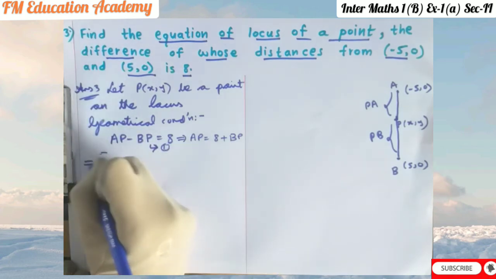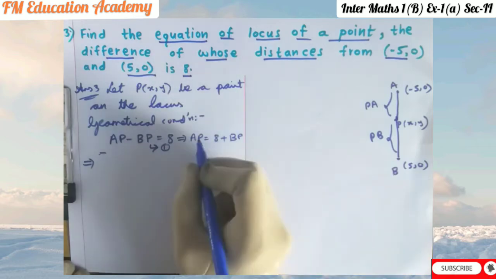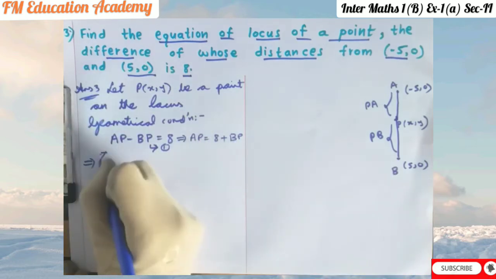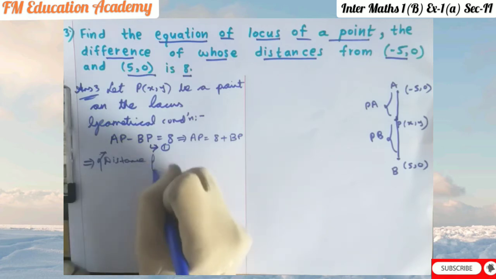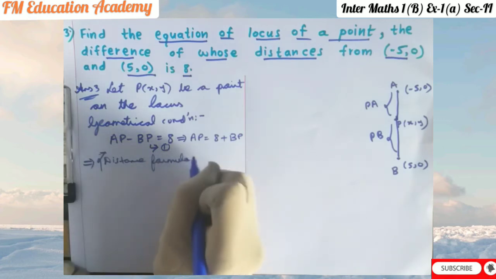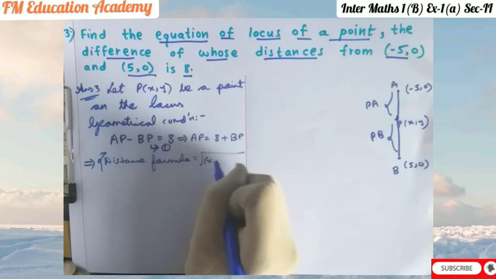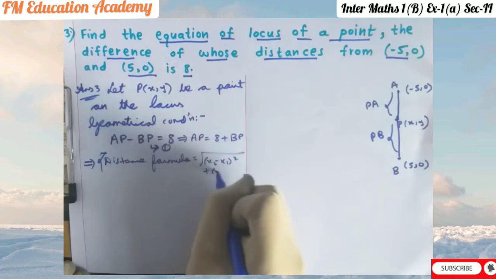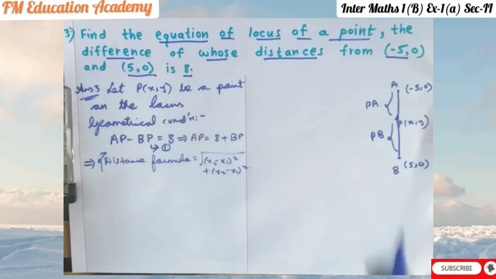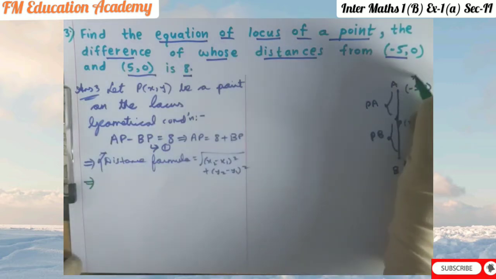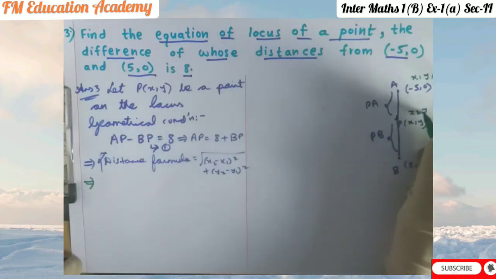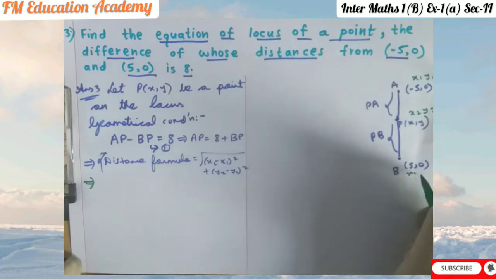So now what is AP? We know it is distance. BP is also distance. So again we have to use which formula? Distance formula. We know our distance formula is root of (x2 minus x1) whole square plus (y2 minus y1) whole square. So now let us substitute. What is AP? AP means A is (x1, y1) and P is (x2, y2). Similarly, BP means B is (x1, y1) and P is (x2, y2).